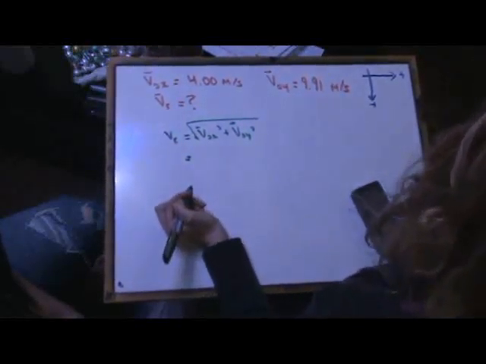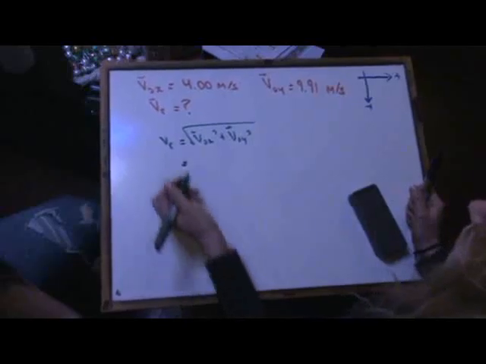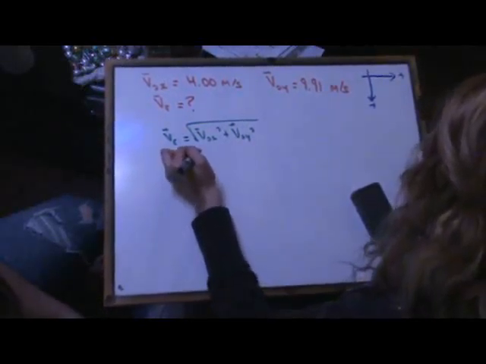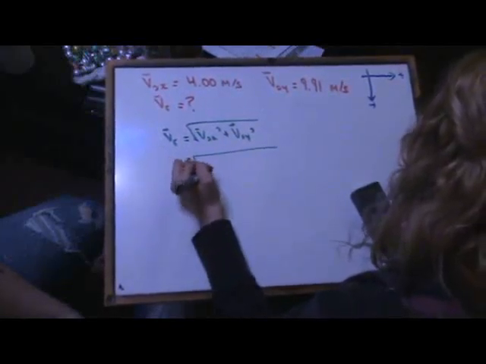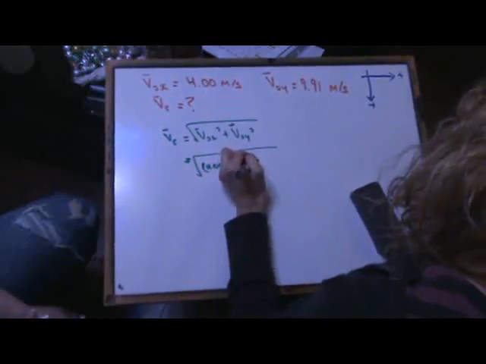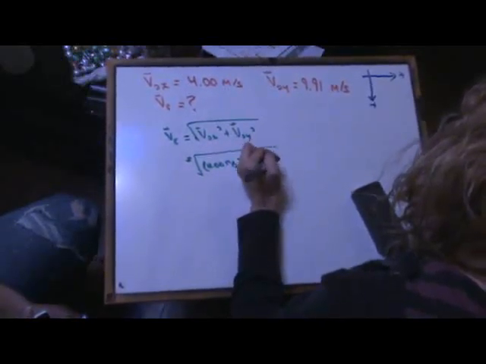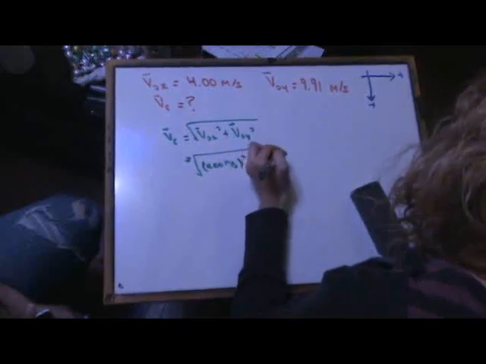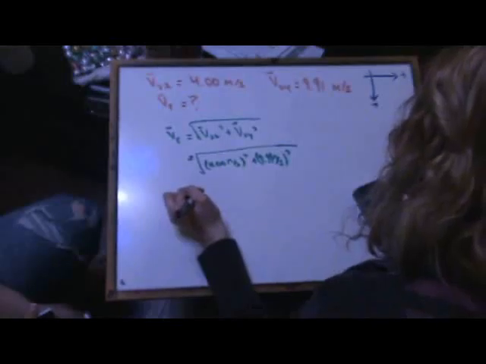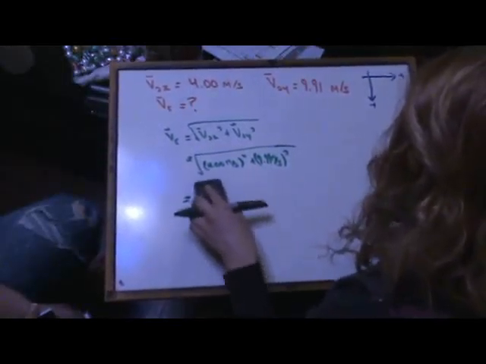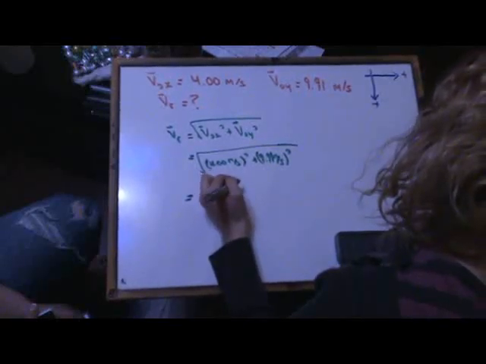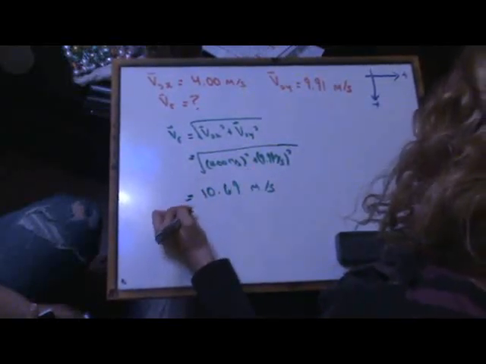This is derived from the Pythagorean theorem formula. Then the givens can be plugged in. This would be equal to the square root of 4 meters per second squared plus 9.91 meters per second squared. This leaves us a value of 10.69 meters per second. This is our final velocity speed.